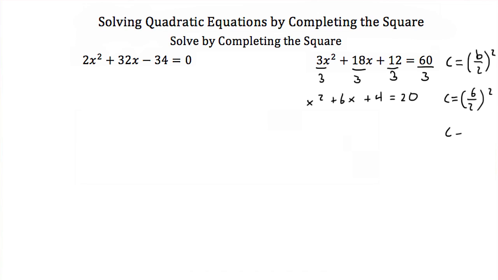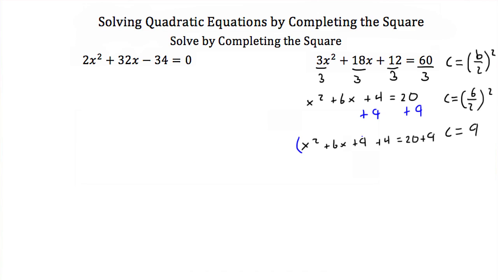So my c has to be 9 if I have a perfect square trinomial. So what I'm going to do is add 9 to both sides. If I do that, I end up with x squared plus 6x plus 9, and then plus 4, and that's equal to 20 plus 9.